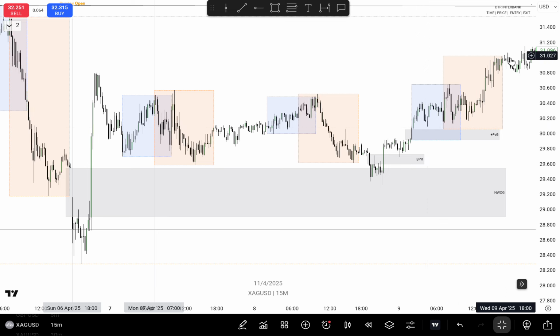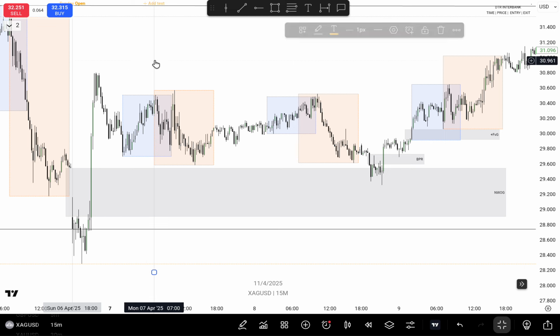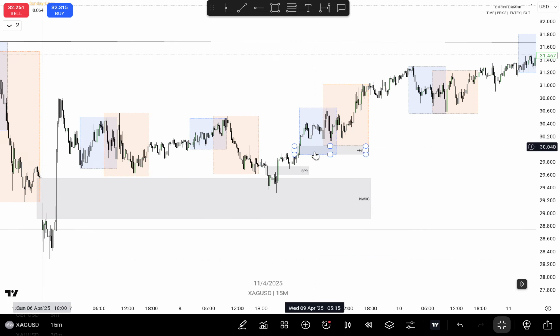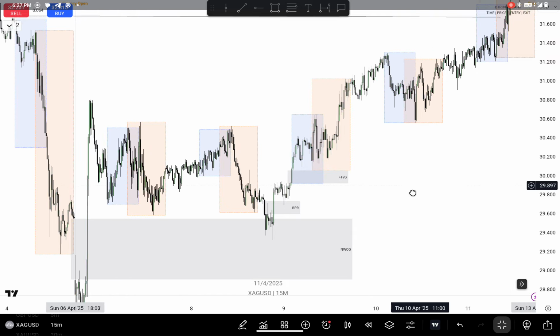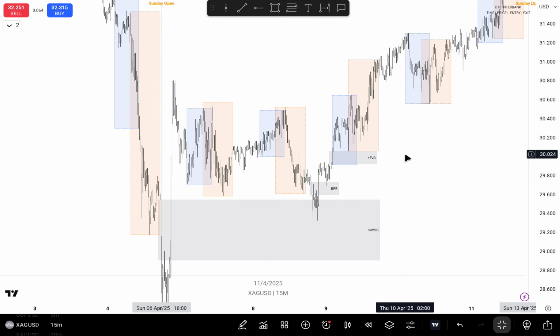We got our first entry here, which is outside the session, which is the new day's opening. So time of the day is really important. Even though we are trying to do one shot, one kill, the time of the day is really important.